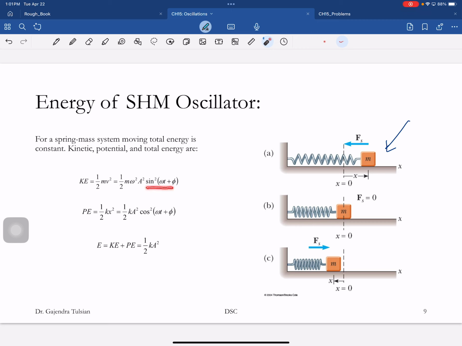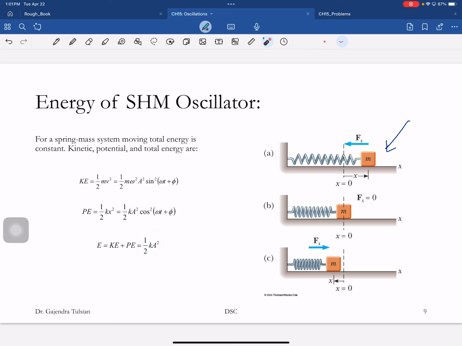You see sine squared theta, cosine squared theta. If you add the two, you get 1. So let's add these two, and it turns out that those two add up to 1, and the common factor is 1/2 ka squared.